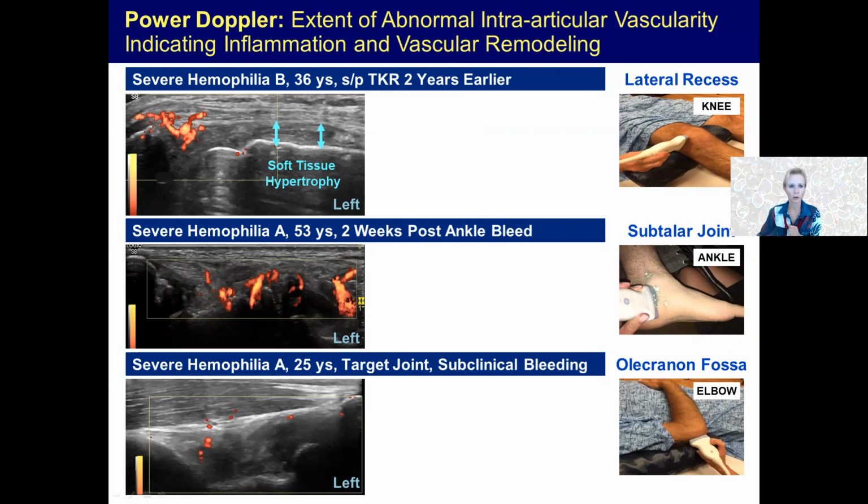So the first patient on top here is a patient with severe hemophilia B. He is 36 years old, status post total knee replacement 2 years earlier. As you can see here, he has pronounced power Doppler signal around the patellofemoral joint space, and this would be the transducer position for this case.